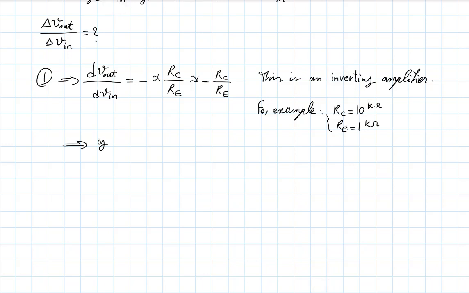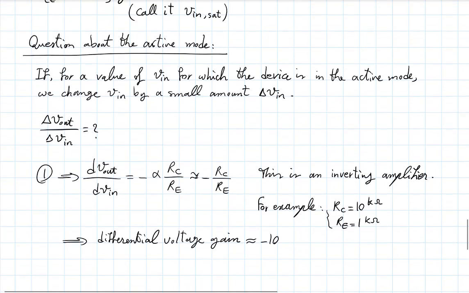You have a voltage gain, or a differential voltage gain, of approximately minus 10. Which means if you are in that active mode and if you increase your input by, say, 10 millivolts, your output will change by 100 millivolts. And if you're increasing the input, the output will decrease because the gain is negative.